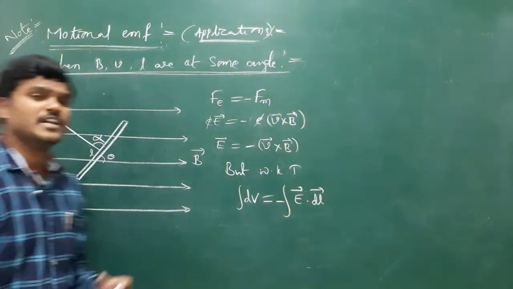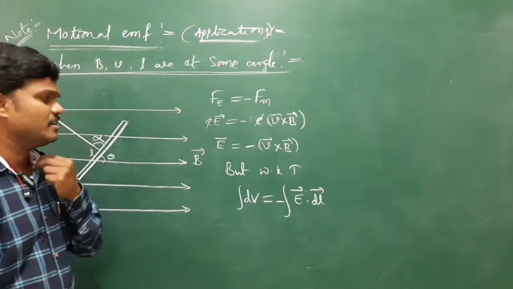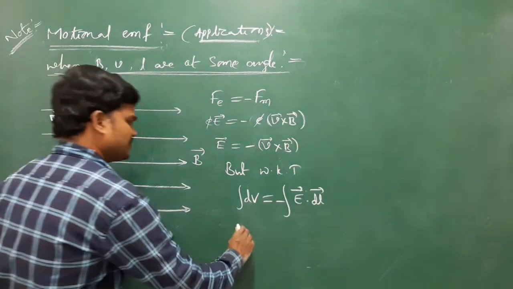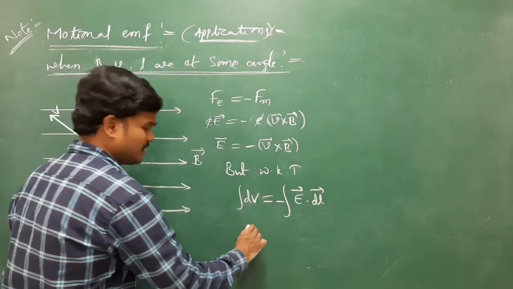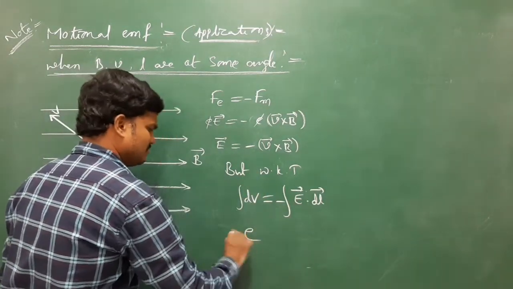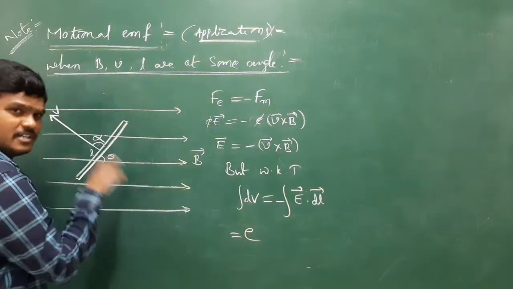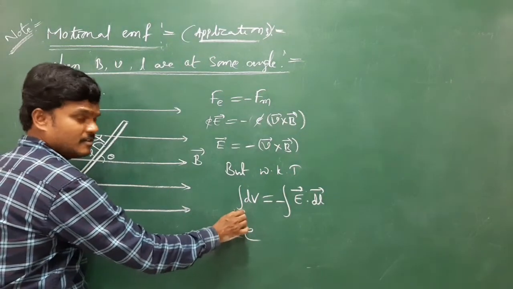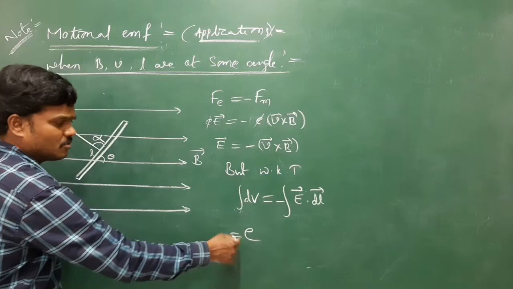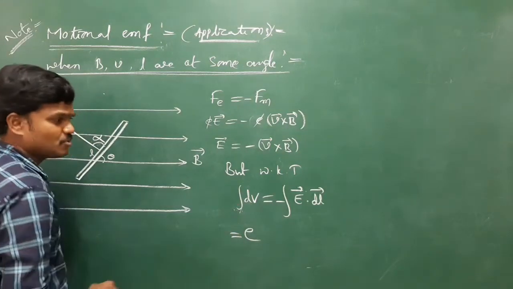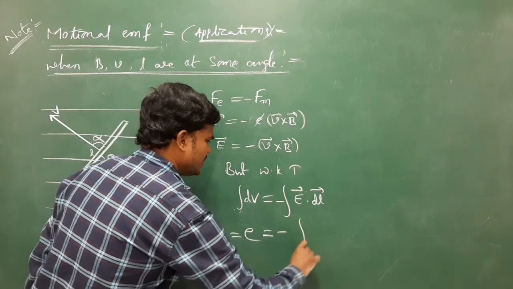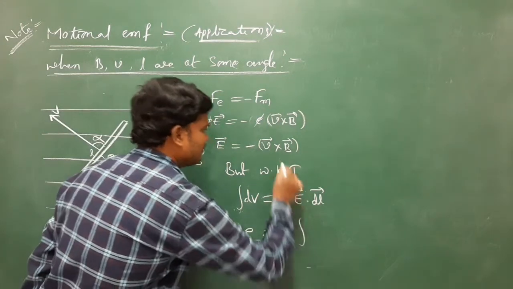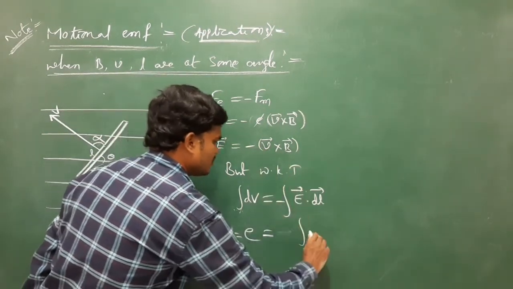Use the relation between electric field intensity and electric potential. So this becomes V initial minus V final. Starting if it is V initial and ending is V final, the difference between them we can call it motional EMF. What is the integration of E? The minus is already there, so the minus cancels out.